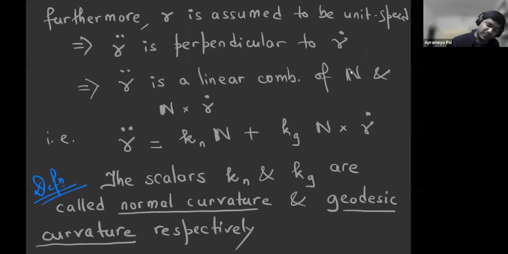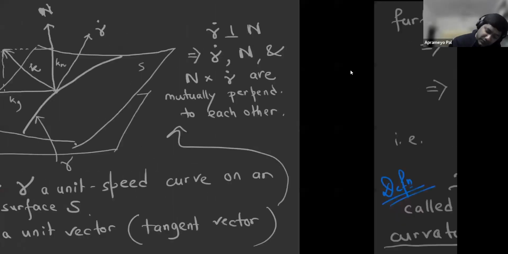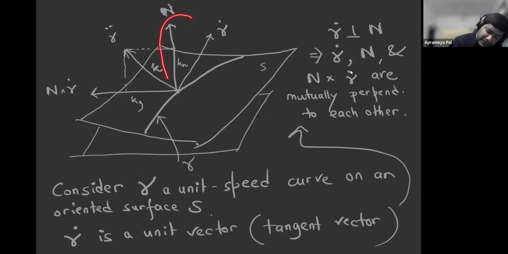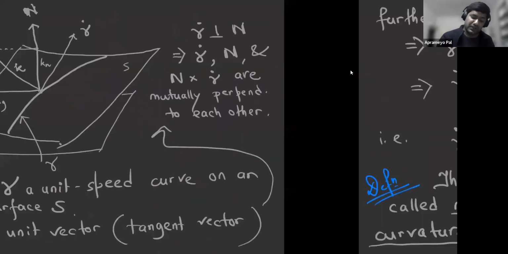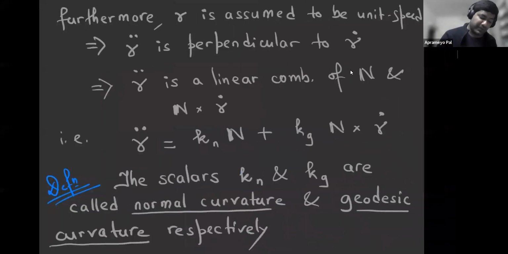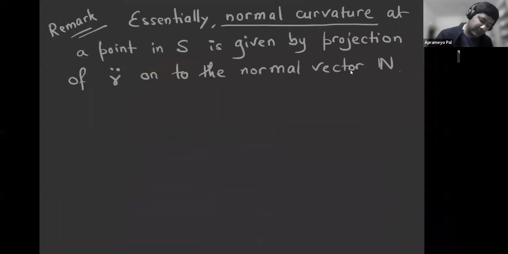Let me show you the picture again. So this is the n vector and gamma dot. You are essentially taking the projection to this. That's why I completed this square. And once you project to this component, then you get kg. But we can make it even more precise.